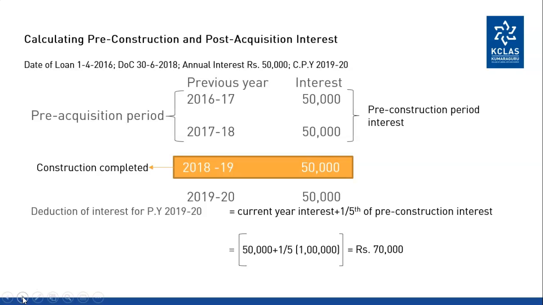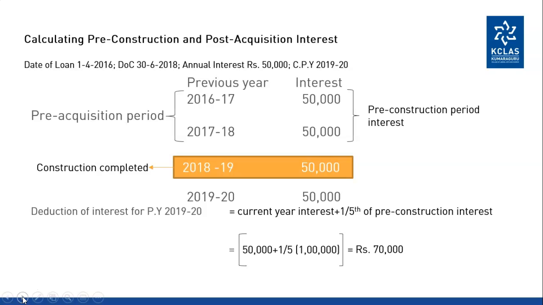In this case, the previous years 2016-17 and 2017-18 alone will be taken as the pre-construction or pre-acquisition period, and the interest paid in that period, that is 1 lakh rupees, will be treated as pre-construction period interest because the house was completed in the financial year 2018-19. Up to 31/3/2018 alone will be treated as pre-construction, and from 1/4/2018 the construction is completed, as given in the next box.